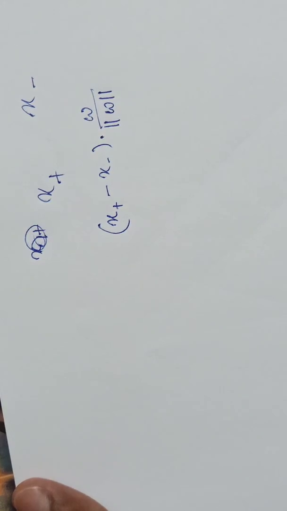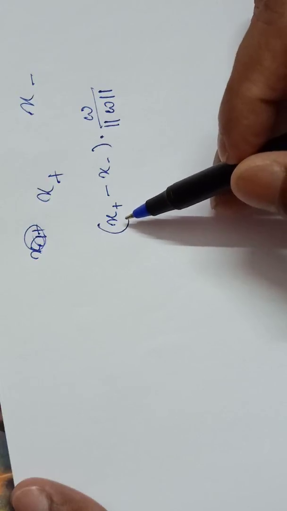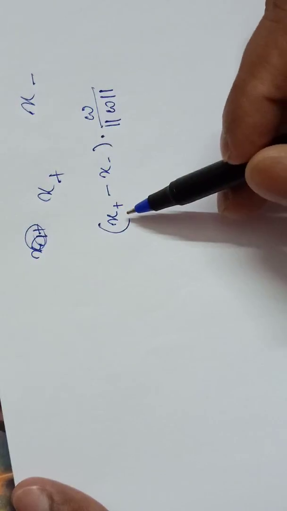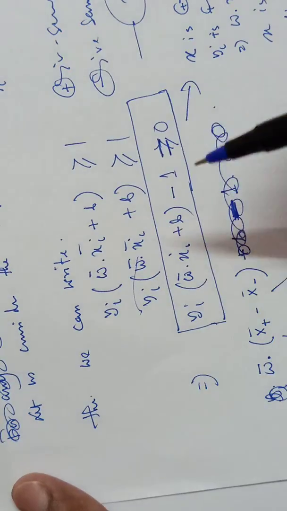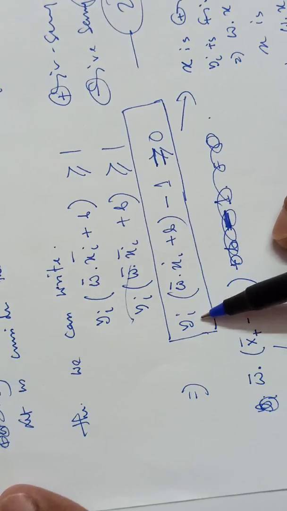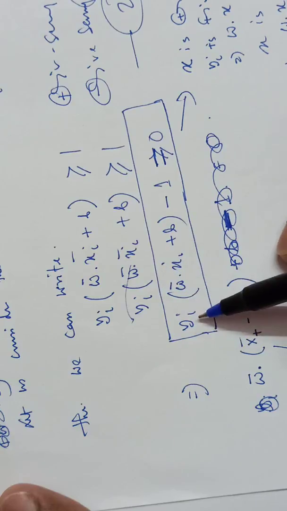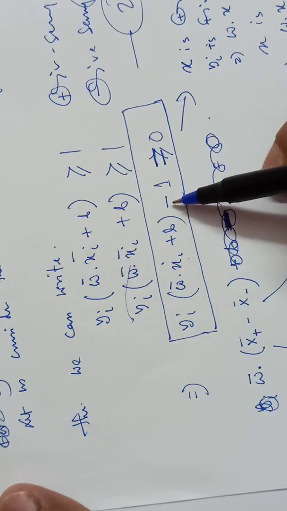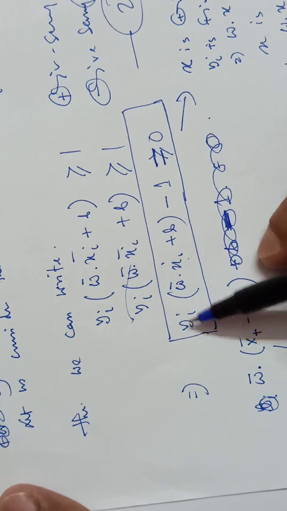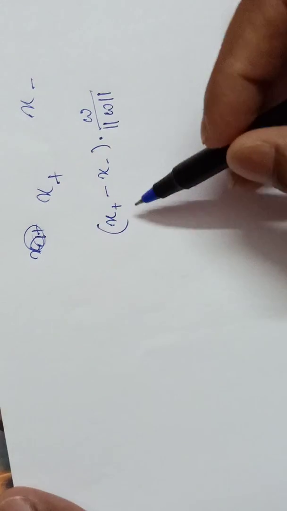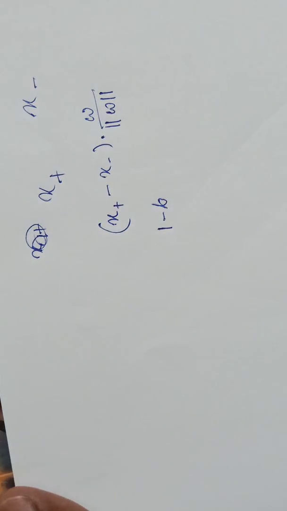Okay, now think about this value. What will be this one? If we multiply w x, okay, when yi is positive, wxi is equals to 1 minus b, because y is plus 1 or positive, whatever we have said. So here we can say that wx is 1 minus b from this equation.